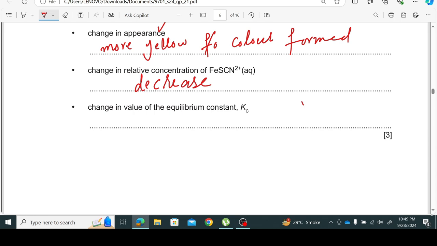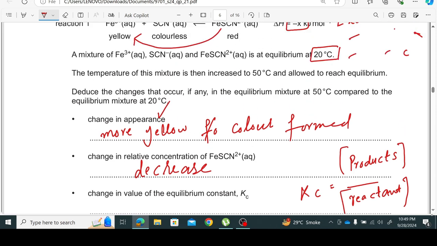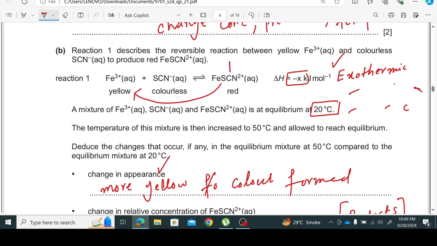What is the equilibrium constant? It is the ratio of products concentration to reactants concentration. You can see your product is decreasing in this reaction. This is your product and this side is your reactant.